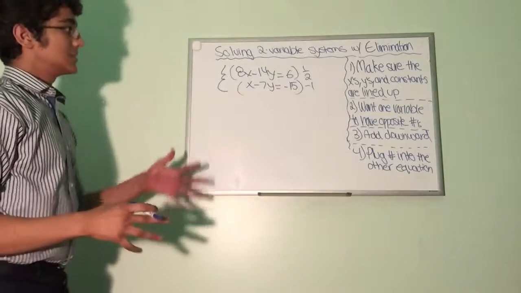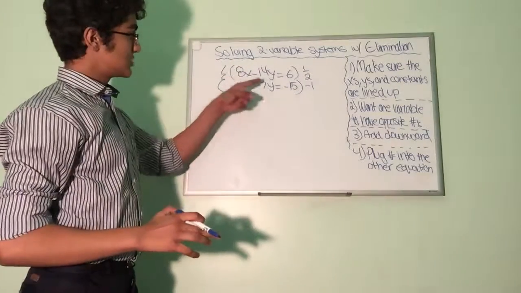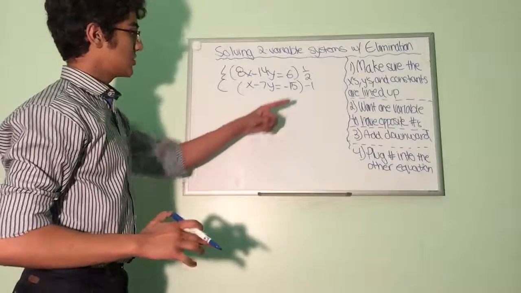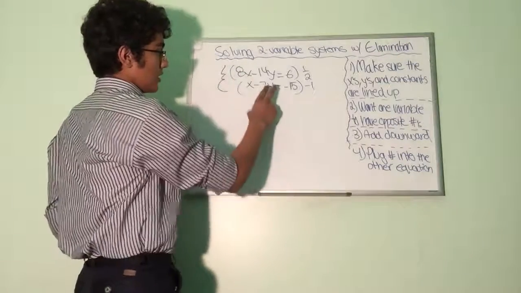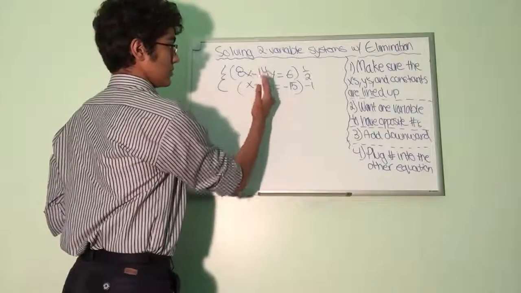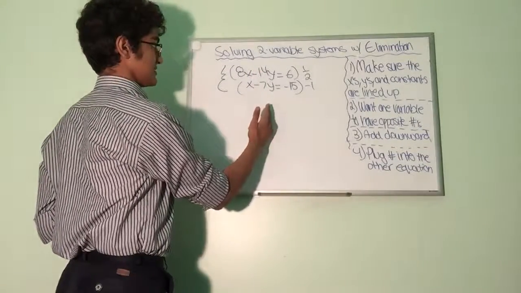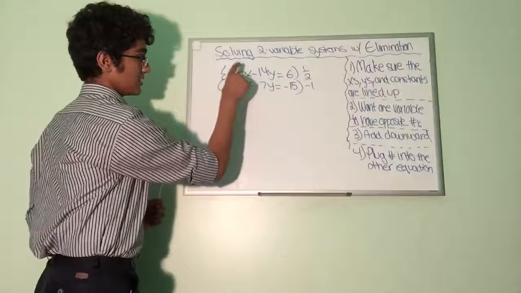And the reason we would multiply this equation by 1/2 and this equation by -1 is because we would want the y's to be opposites, and that means we're solving for the x's.